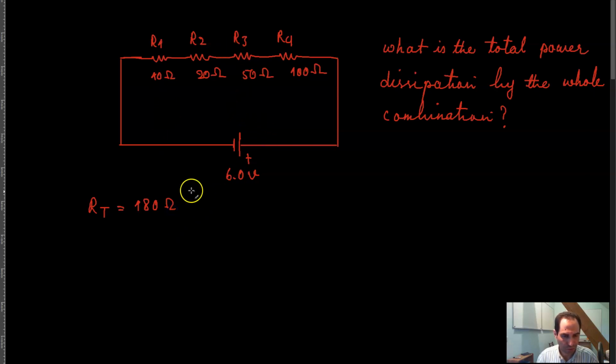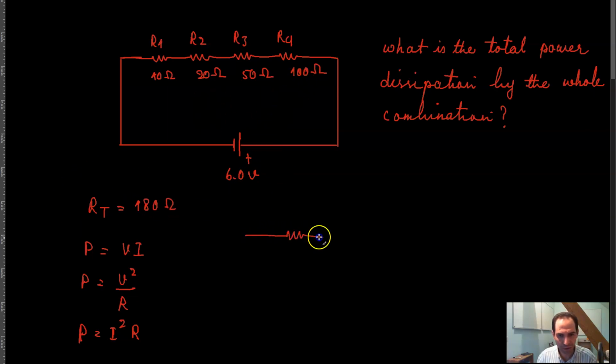So with 180 ohms, we said that P is equal to VI, or P is equal to V squared over R, or P is equal to I squared times R. Now you can imagine that if you have a 180 ohm resistor connected to a 6.0 volt power supply, then the power dissipated by this resistor would be V squared over R. V over here is the supply voltage.